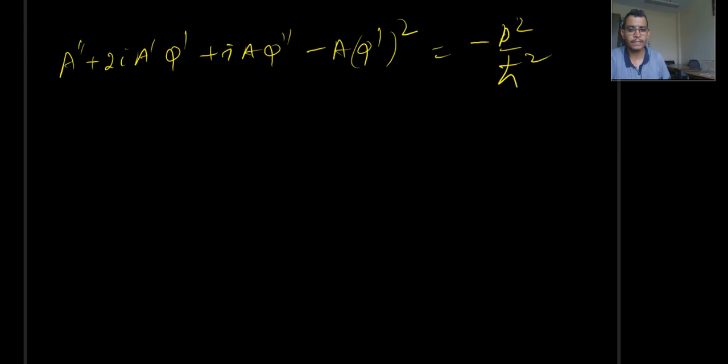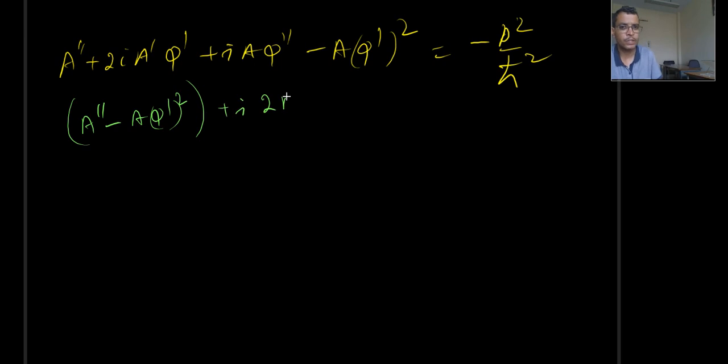So let us rearrange real and imaginary parts. So it is a double prime minus a phi prime square, plus iota times 2a prime phi prime plus a phi double prime.